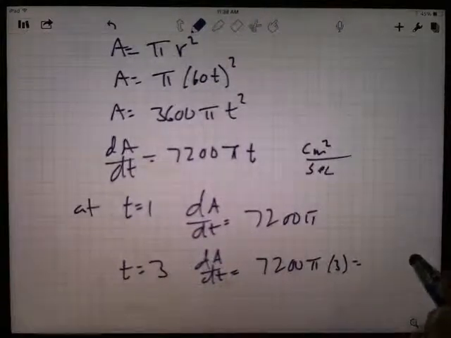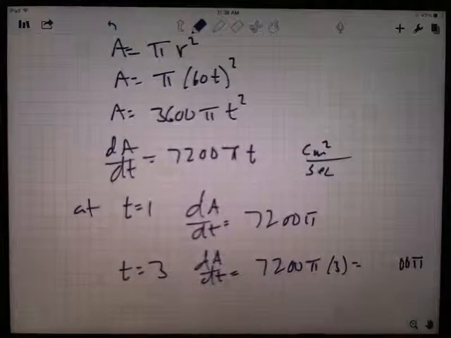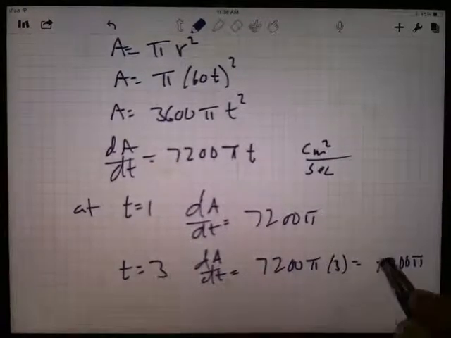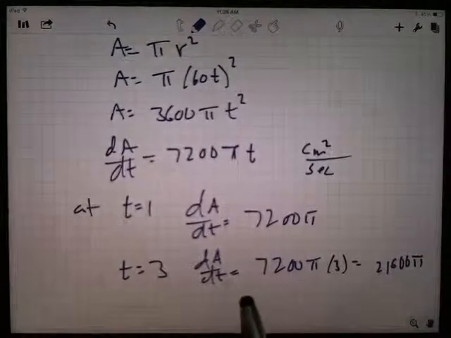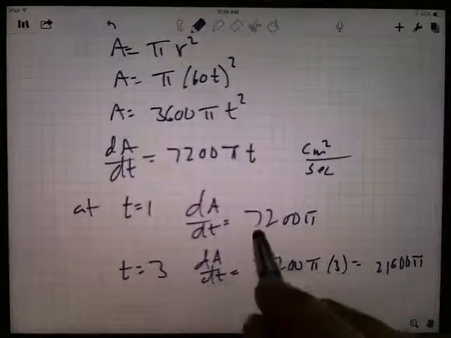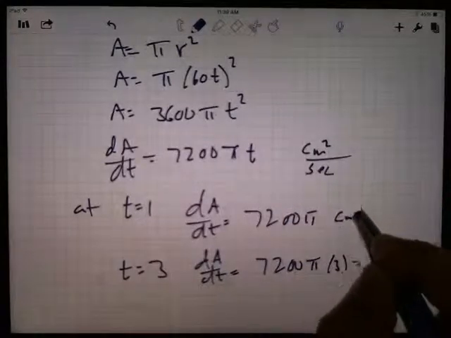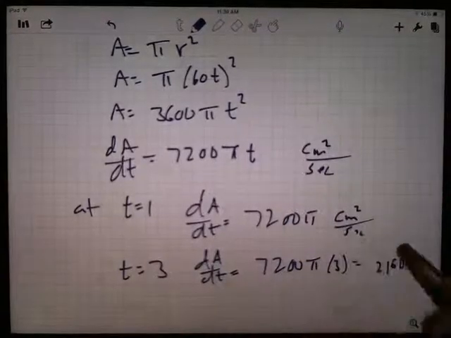So at time 1, you're gaining 7200 pi square centimeters per second.